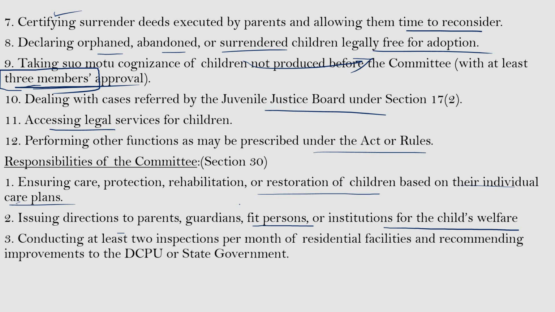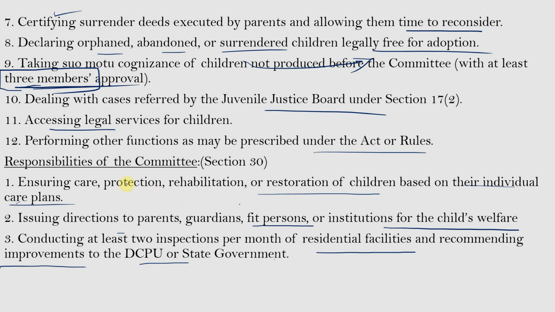and conducting at least 2 inspections per month of residential facilities and recommending improvements to the district child protection unit or the state government. So after the child is sent to any institution or is given for adoption, in those cases also it is the responsibility of the Child Welfare Committee to conduct inspections to know the welfare of the child.